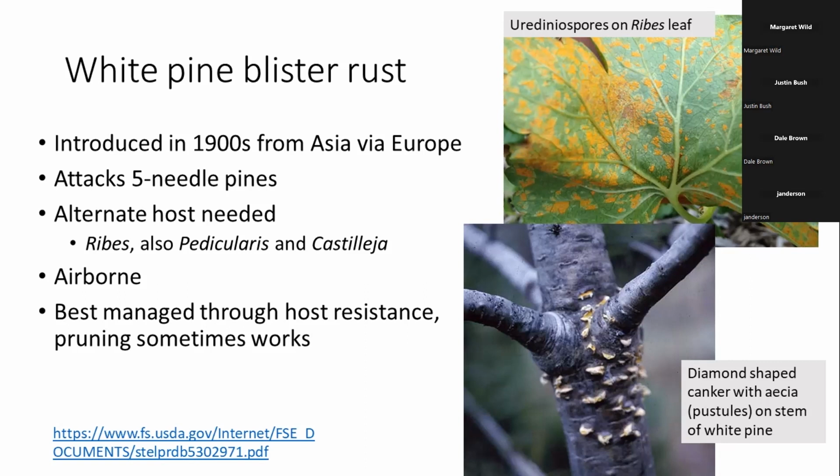It's really difficult, like I said, to manage something like this. So the best way to do it is planting resistant trees. There's a large breeding program that the Forest Service has in Oregon, where they're working on this, and the Canadians and other folks are studying this and trying to breed resistant white pine and other 5-needle pines. Sometimes in the early stages, before these pustules open, you can prune those out if you see them.